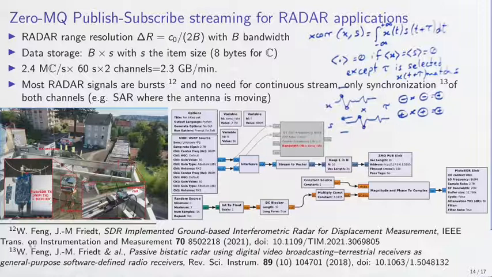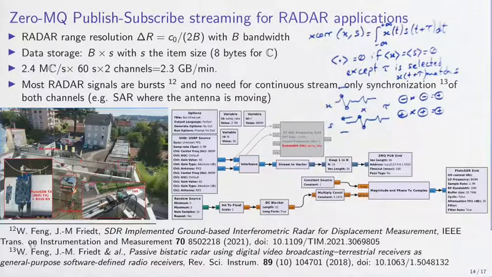Now we can do better by sweeping the receiving antenna over distance, so we can complement the range, which is the distance from the source to the target, with azimuth information, and this is called synthetic aperture radar.